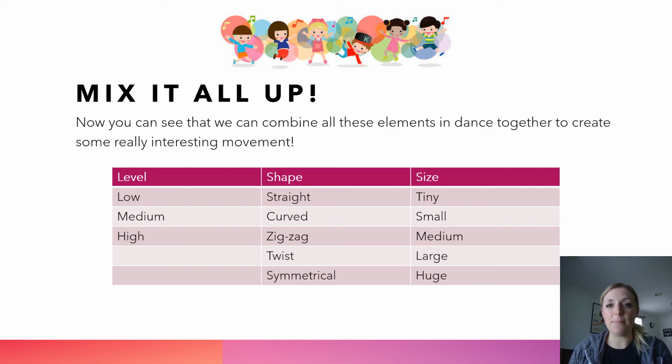Choose your shape. And now you've got your level, you've got the shape you're going to make. What size is that move going to be? Is it going to be tiny, small, medium, large, or huge? Choose which size.